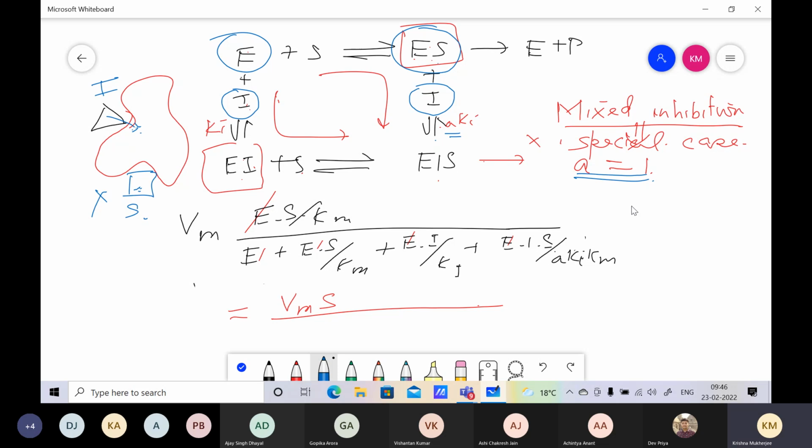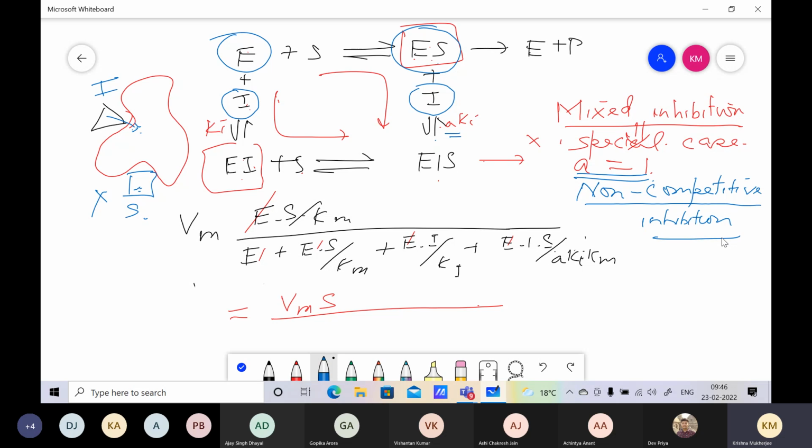Is that okay? And such things are called, see, competitive, this is called non-competitive. A lot of people get confused about non-competitive and uncompetitive. So this is called non-competitive inhibition. So competitive inhibition, uncompetitive inhibition, and this is called non-competitive inhibition.